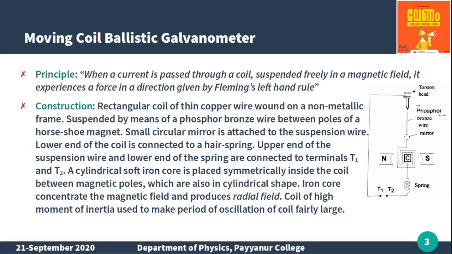So how are we making a rectangular coil of thin copper wire? We take a non-metallic frame in the shape of a rectangle and wind the thin copper wire on it, so that we get a rectangular coil of thin copper wire of n turns.